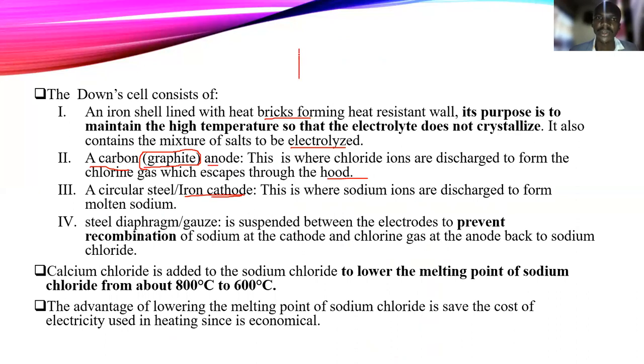Because we know that sodium chloride is made up of two ions, the positively charged ions and the negatively charged ions. So the positively charged ions migrate to the negatively charged electrode, which is now the steel cathode or iron cathode.